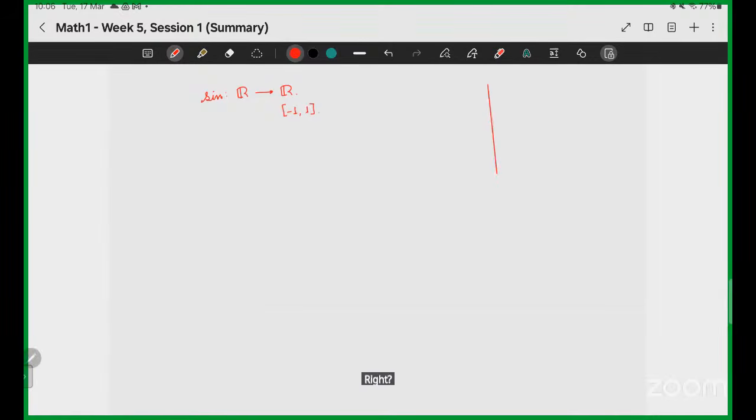Now, if you look at the graph of sine, this might not be very easy to do by hand. Just give me a moment.